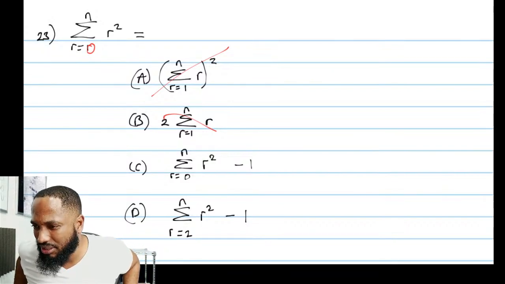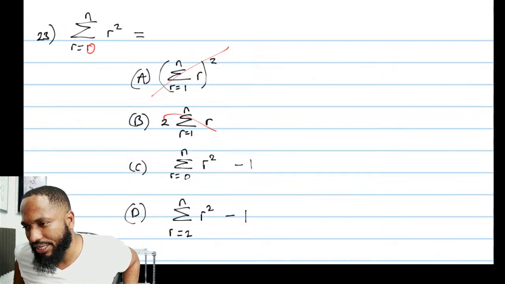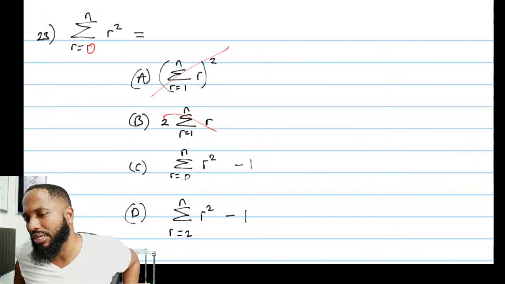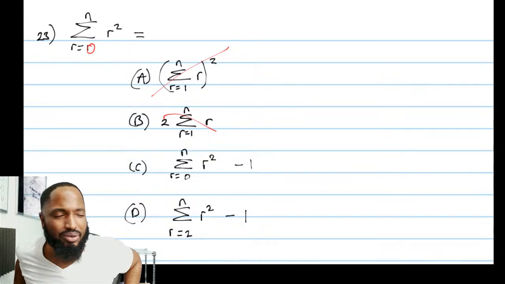What I wanted to do in this question was 1 to n, backtrack 1, 0 to n. Maybe I have to do 2 to n, backtrack 1, 1 to n. Yeah, maybe that was the one to do.